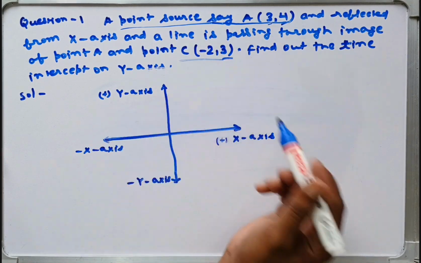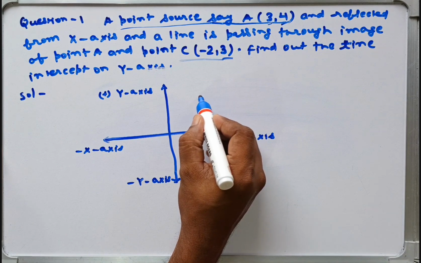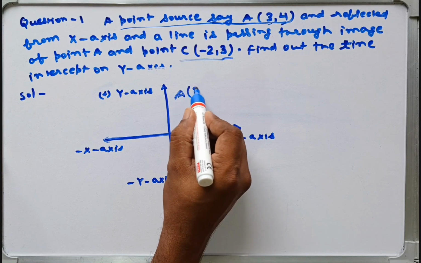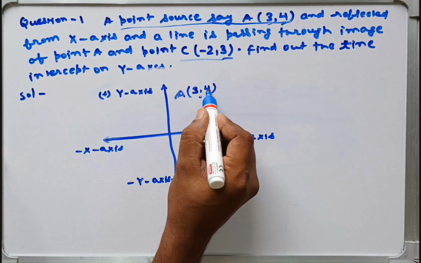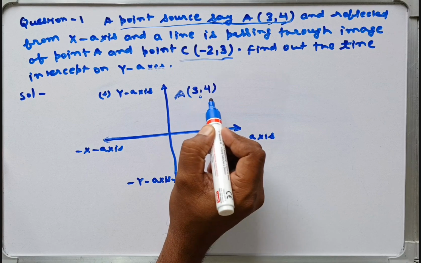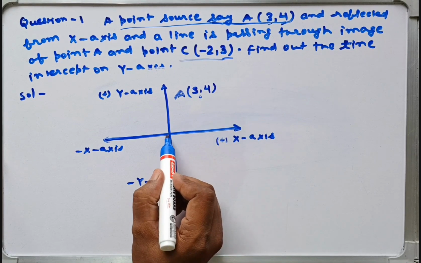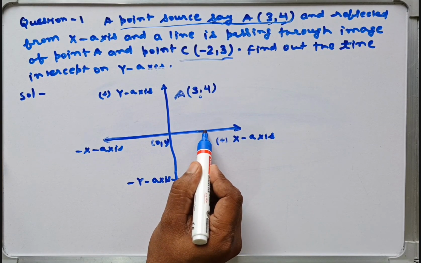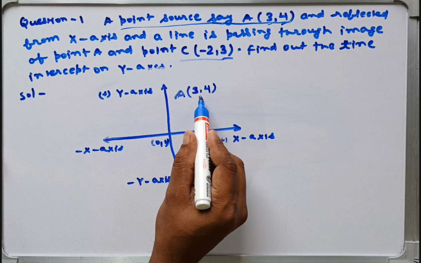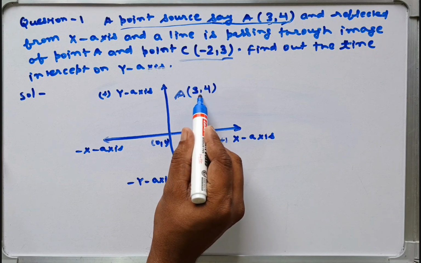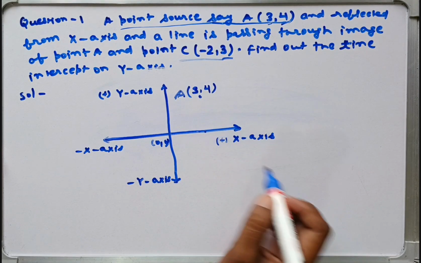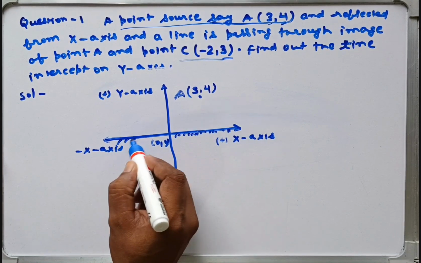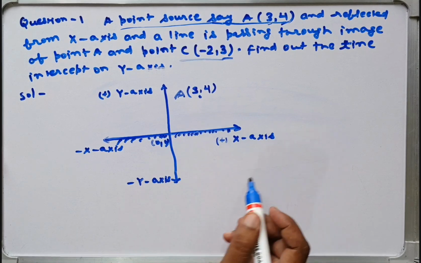So suppose this point is A equal to 3, 4. How did I arrive here? We move from the origin 3 steps here, then we move vertically 4 steps, so we come here.